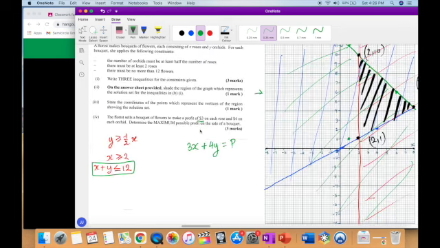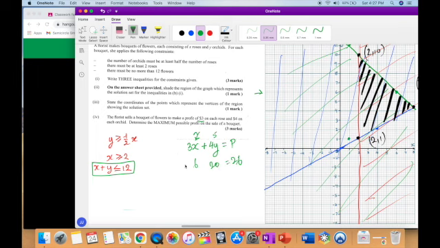So the number of roses that you sell. If you sell 2 roses, then you make $3 profit on each rose, so 2 threes are 6. And you sell 5 orchids, so 5 fours are 20. So your total profit there is $26.